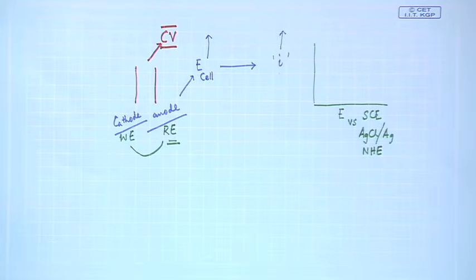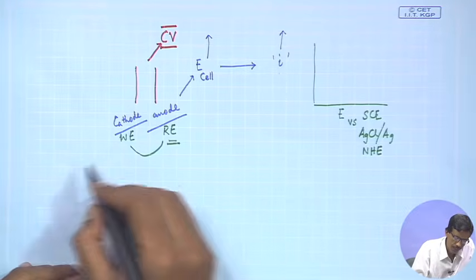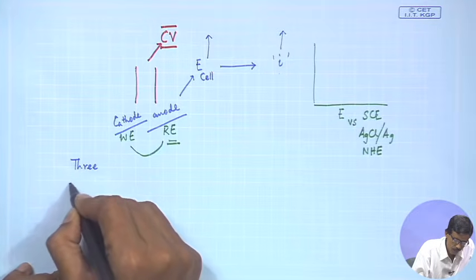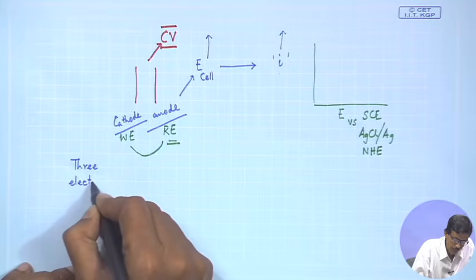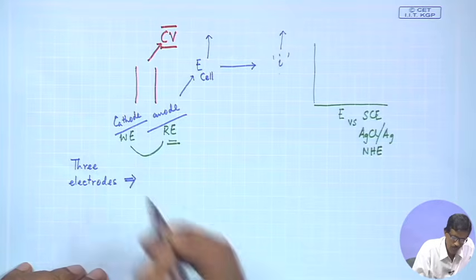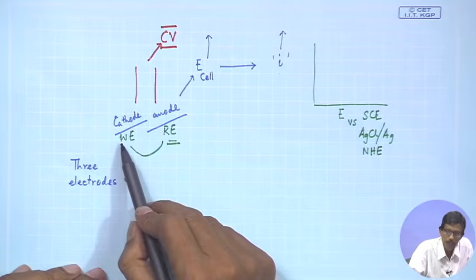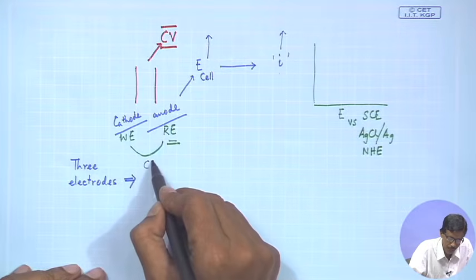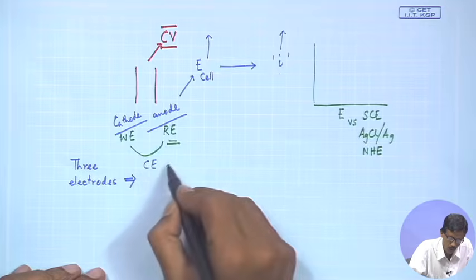We must bring something more for getting CV. We need 3 electrodes. So, you will have a system with 3 electrodes. Already we have the working electrode and the reference electrode. Now, we bring the third one as the counter electrode or auxiliary electrode.